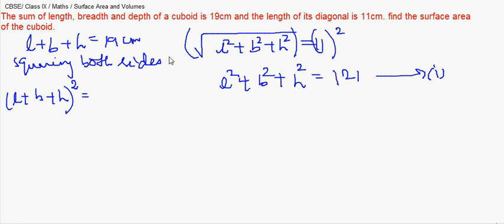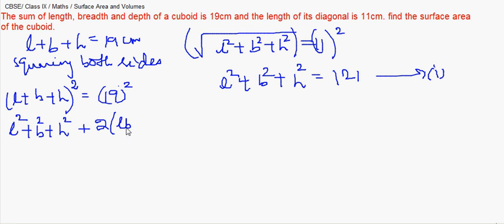19 square is 361. So if I expand this, it becomes L square plus B square plus H square, expanding on the identity A plus B plus C whole square, plus 2 times LB plus BH plus LH, and 19 square is 361.